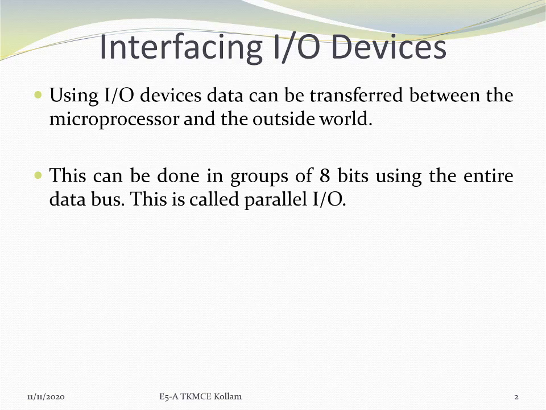This data transfer can be done in groups of 8 bits using the entire data bus. That is, 8-bit data of I/O devices get connected to the data bus of 8085 or microprocessor. This type of data transfer or interfacing is called parallel I/O data transfer or interfacing.